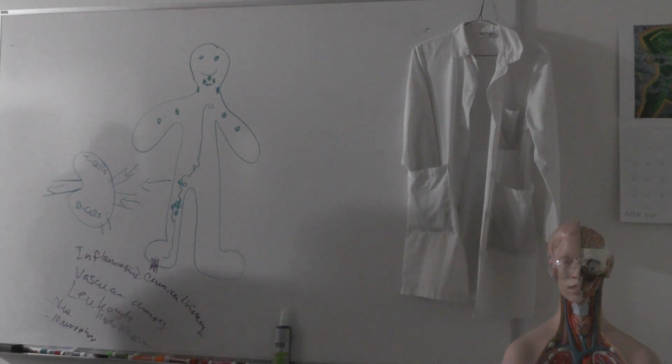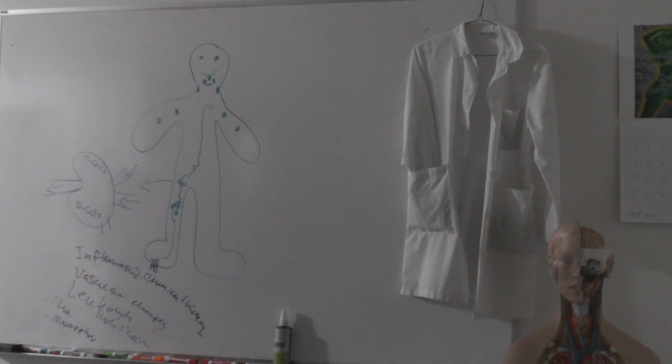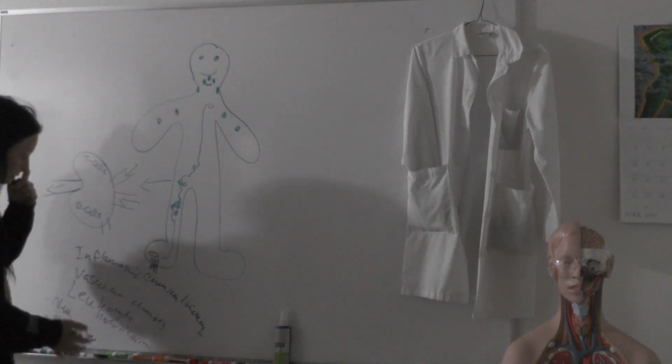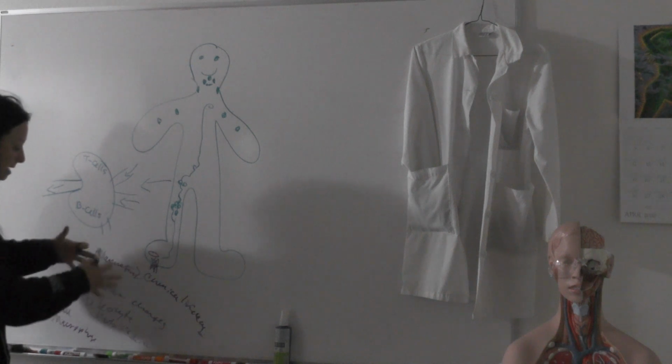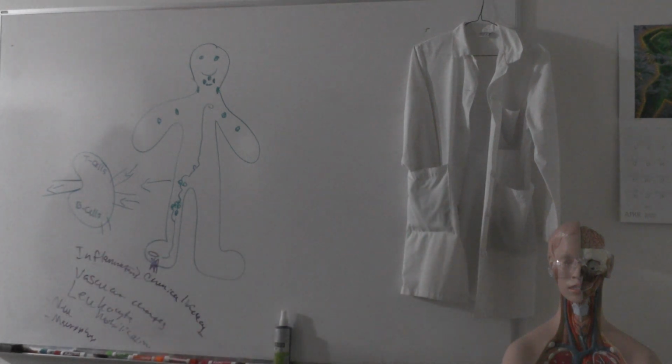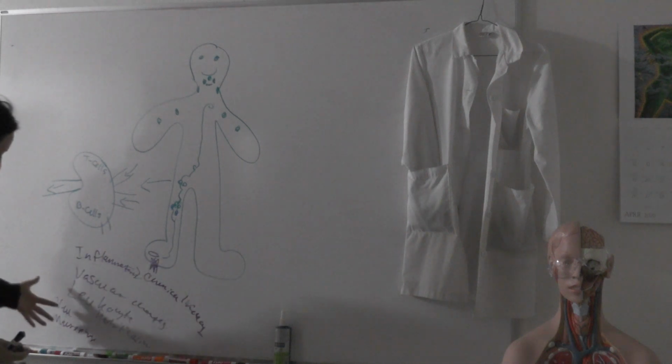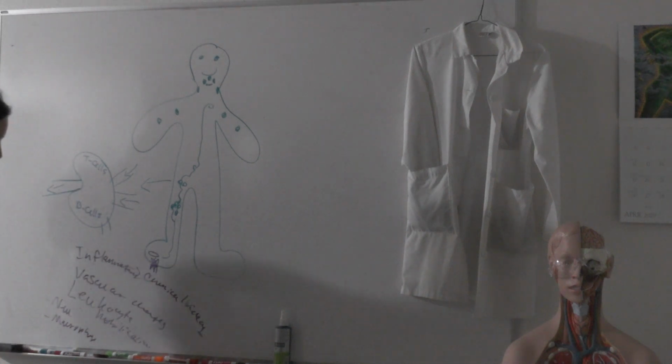So let's imagine that we step on a tack in our right foot, and it's introducing now purple bacteria. So our inflammatory response is going to happen, and now we're going to get a lot of blood flow to the area, and exudate is going to form, right? Because all of these vascular changes are going to cause these capillaries to be super leaky.